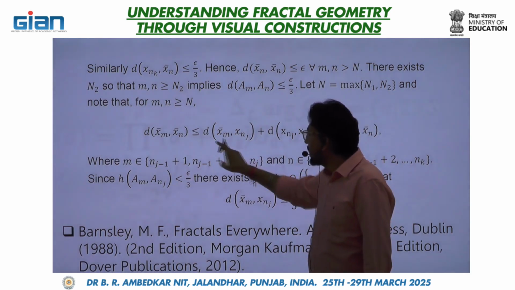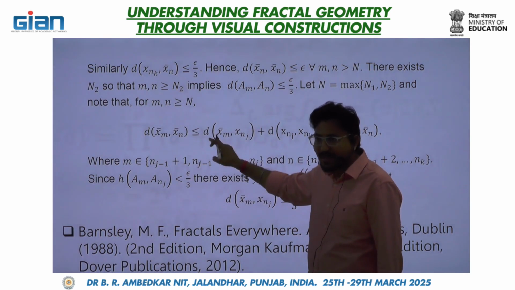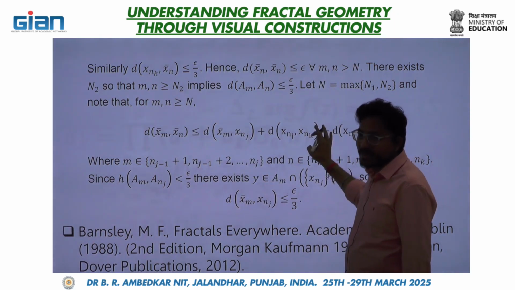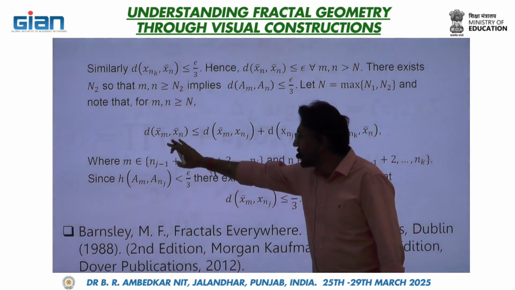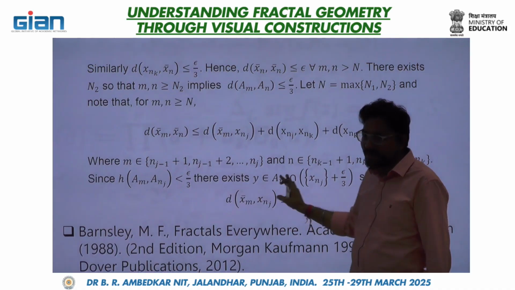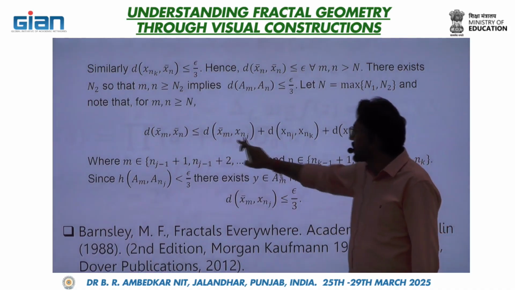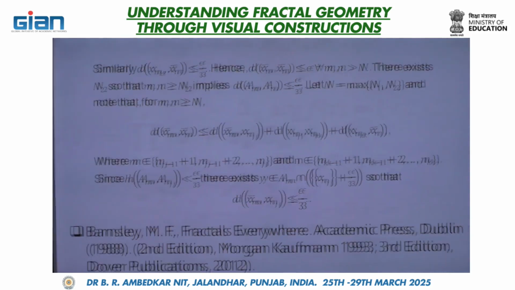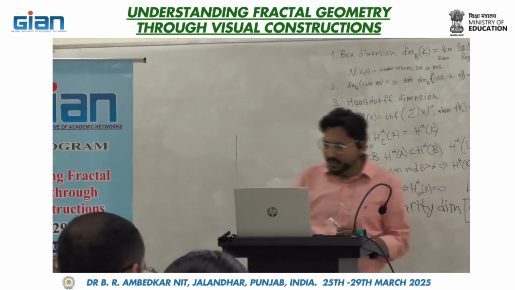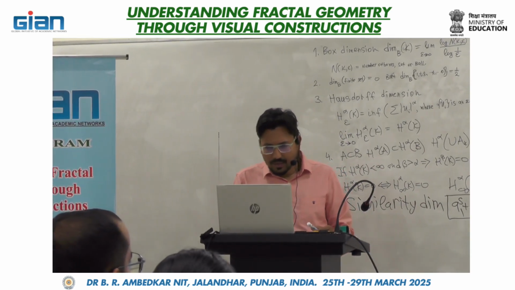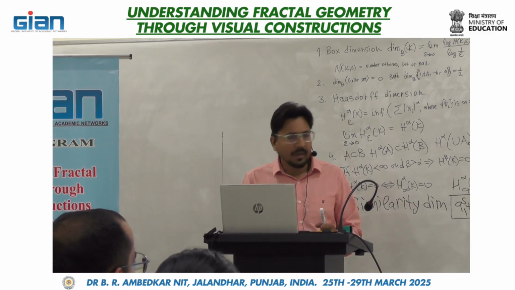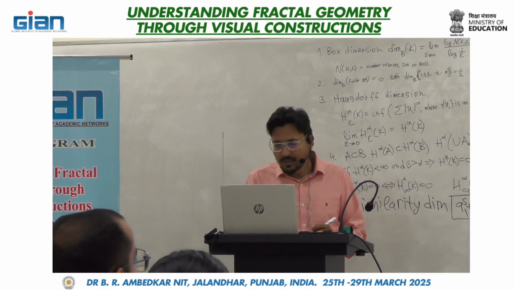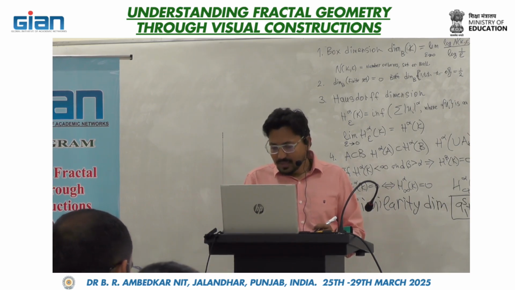Now you have to find this thing less than epsilon by 3, this thing epsilon by 3, and this epsilon by 3, and when you add them together, this will become less than epsilon at the last. Now we have to see this one and this one. I will give you these slides, and you can see how we are selecting n_j and n_k, and we are defining these distances.